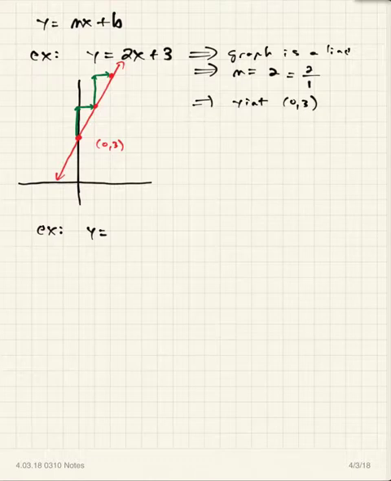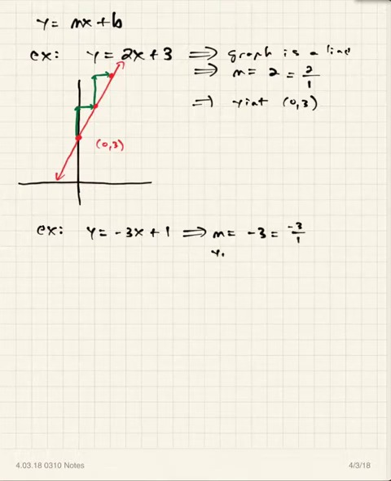All right, let's say we have y equals negative 3x plus 1. Y equals negative 3x plus 1. So this line is in slope-intercept form. And so what do I know? That the slope here is negative 3, which we could write as negative 3 over 1.